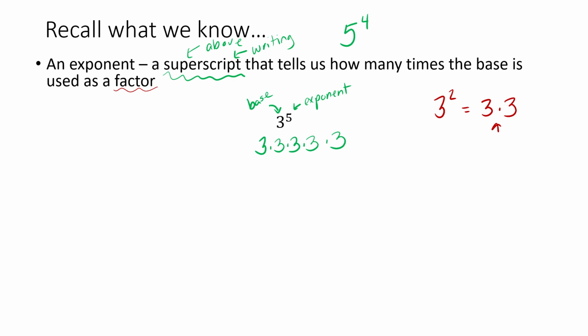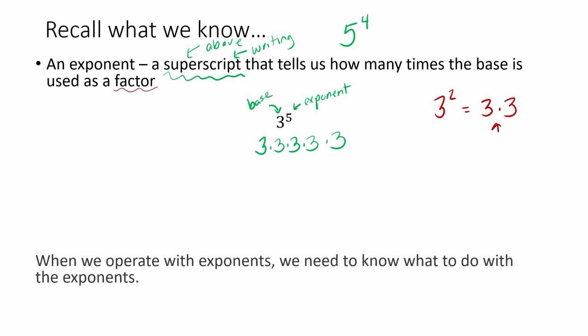There's only one multiplication. So since then, I have been much more careful about how I phrase that. The exponent tells you how many times the base, in this case a 3, is used as a factor. So if you see 3 to the 2nd power or 3 squared, that means 3 times 3, or you're going to see the 3 two times.